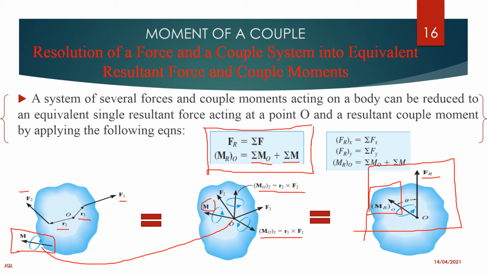But if you can apply these equations, Fr is equal to the summation of those forces, F1 and F2 as an example. The moment about O will be equal to the summation of the moments about O. Those are the moment about F1 and the moment about F2, then plus the couple moment.